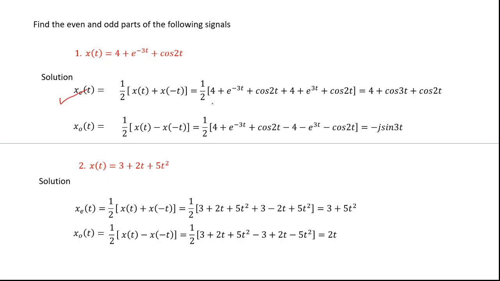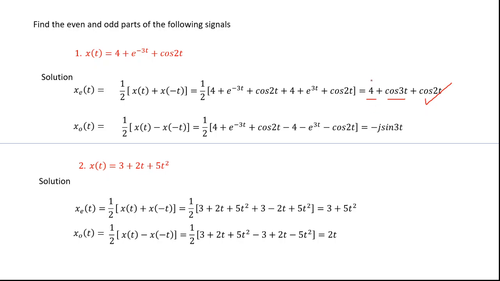Its even part is calculated as 4 plus cos 3t plus cos 2t. Here cos 2t is an even signal, cos 3t is also an even signal, and any constant is also an even signal.